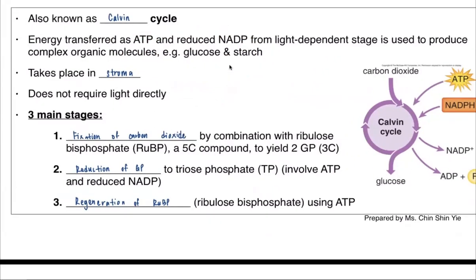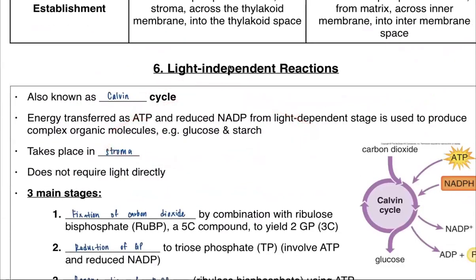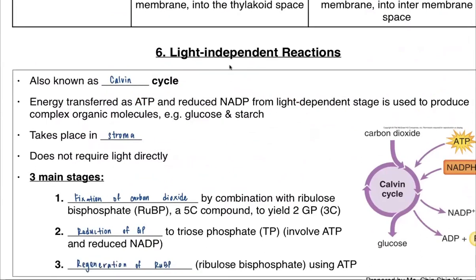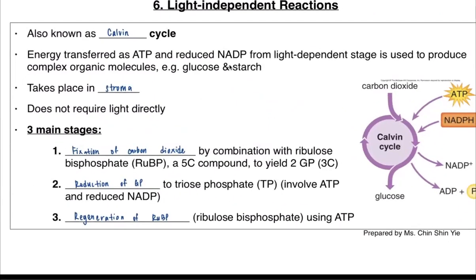It takes place in the stroma, and because the light dependent reaction has been performed in the presence of light, whatever happens next doesn't require light. For your information, the process of photosynthesis can continue at night. It's just that at night there is no photolysis, so no oxygen is produced, but it doesn't mean glucose is not synthesized.